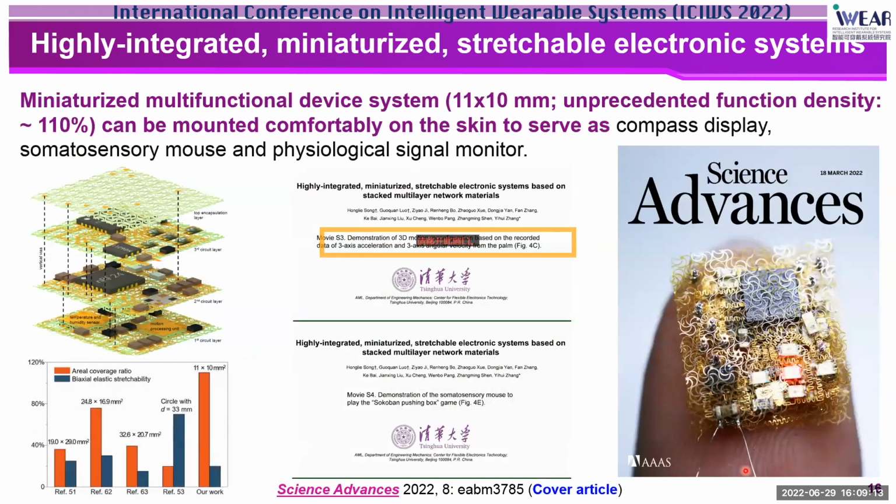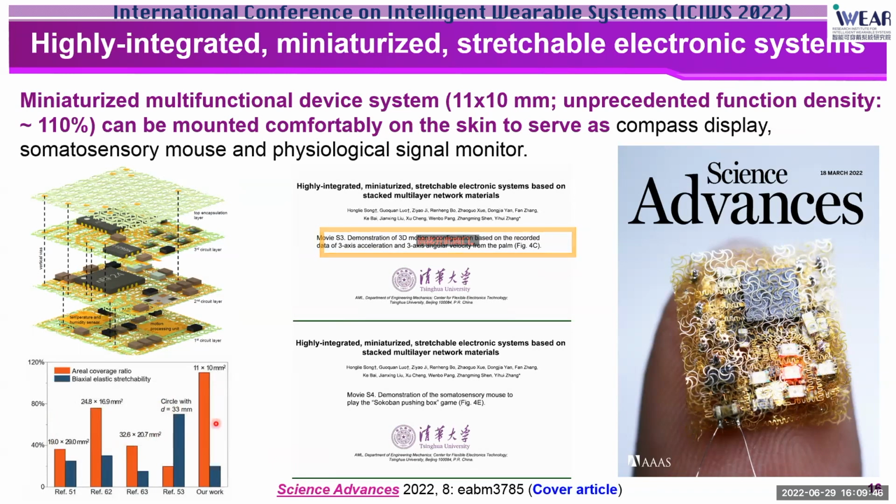Okay, the stacked configuration also significantly increases the function density of the system and decreases the lateral size of the entire system. So in this example, the function density is 110%, and the system is only around 11 millimeter by 10 millimeter, which is much smaller than the previously reported systems with a similar level of functional complexity.